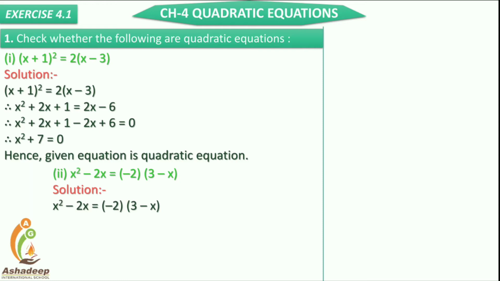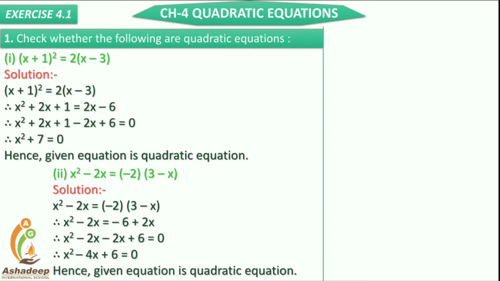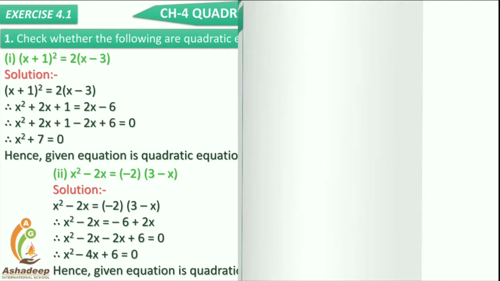Simplify and get the answer. So x square minus 2x is equal to minus 6. Now minus 6 on this side becomes plus, and plus 2x on this side becomes minus. So this is x square minus 4x plus 6 is equal to 0. Hence it is the quadratic equation because it has the highest power 2. That is why the degree is 2.